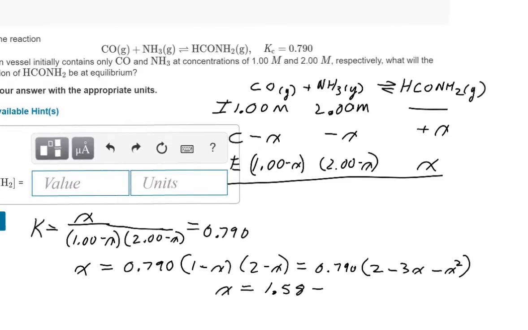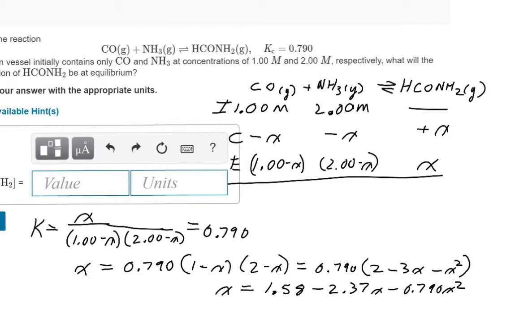1.58 minus 0.790 times 3. That's 2.37x minus 0.790x squared.